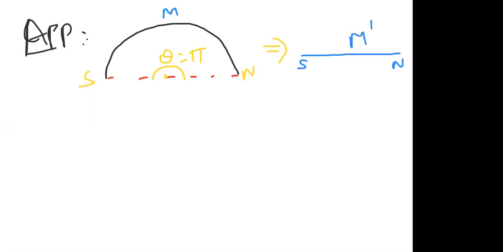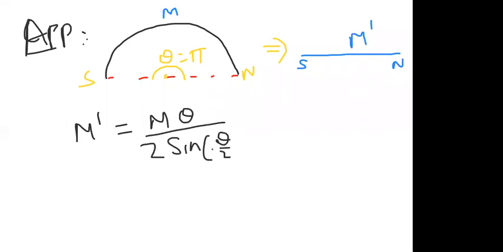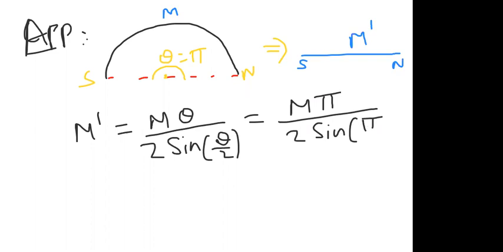Our formula is M dash equals M theta by 2 sine of theta by 2. Here theta is pi, since 180 degrees means pi radians. So in place of theta I write pi: M pi by 2 sine of pi by 2, which is sine 90.